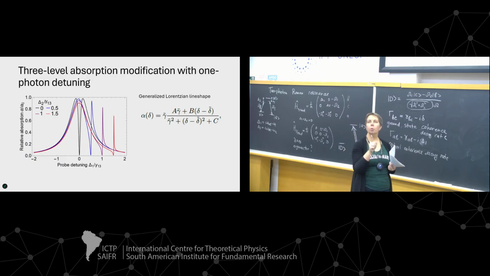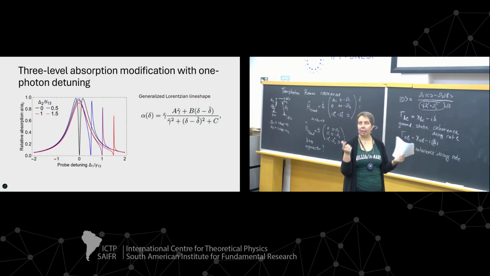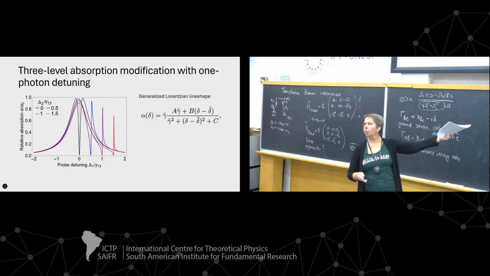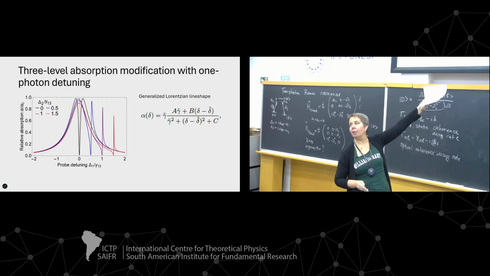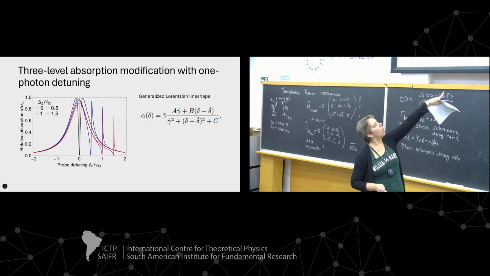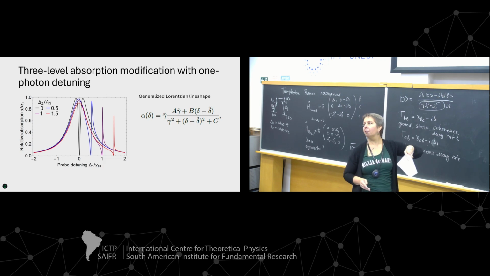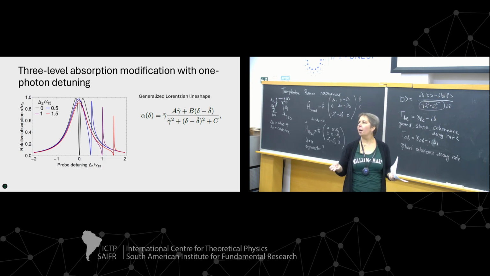So the one thing which I haven't mentioned yet is that you can say, well, stop, we had EIT, and you told us that EIT should appear anywhere, it doesn't depend on one-photon detuning, and you're talking about absorption resonances, so where is EIT? Well, actually, EIT is still there. If you look carefully at the red line, you see there is a point at about 1.5 where the absorption dips down to 0. That's the EIT.